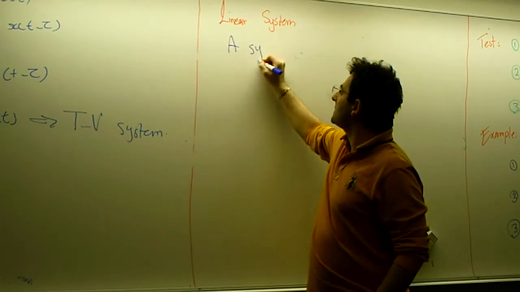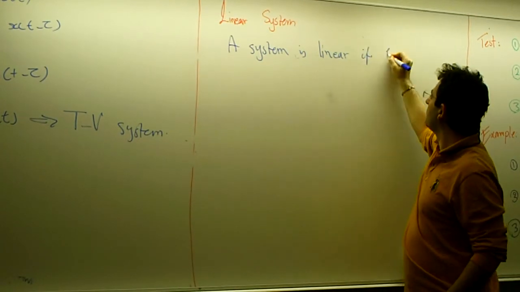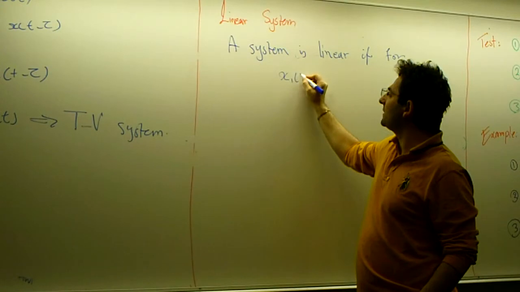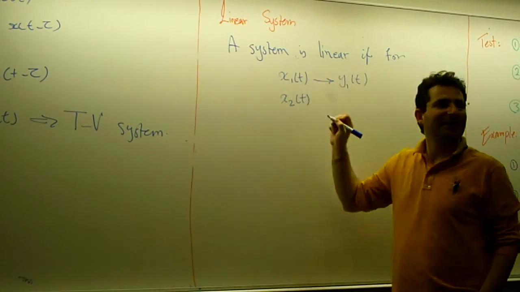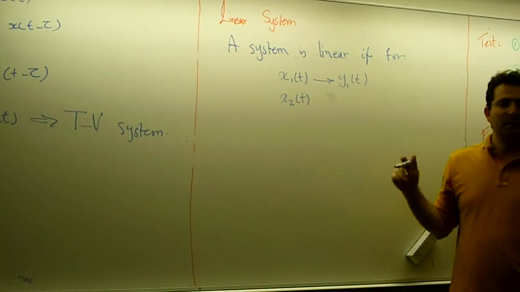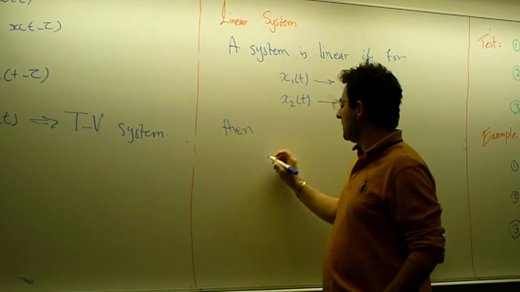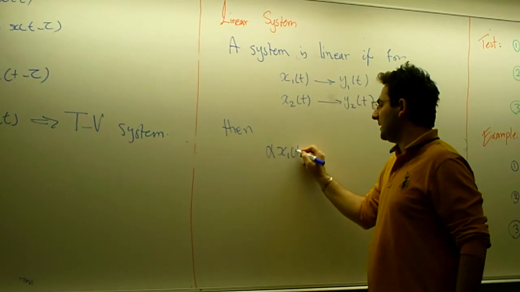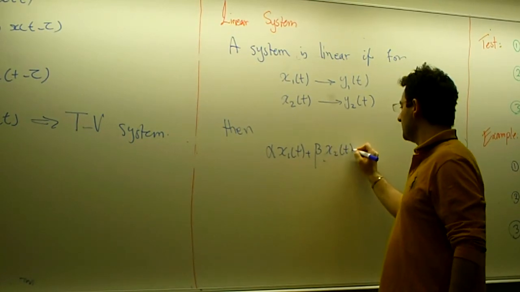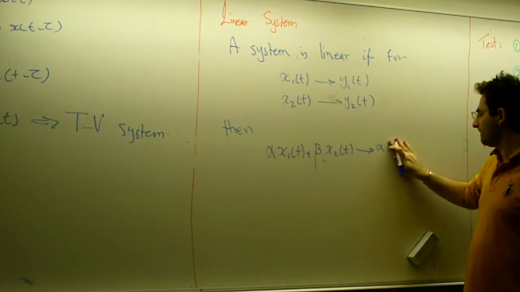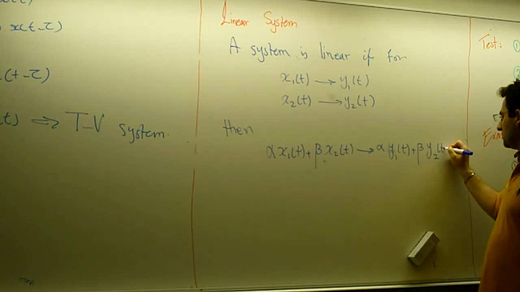A system is linear if x1(t) gives us y1(t), and x2(t) gives y2(t) — I write in the continuous form, but you understand that this is valid also for the discrete form — then alpha x1(t) plus beta x2(t) will result in alpha y1(t) plus beta y2(t).